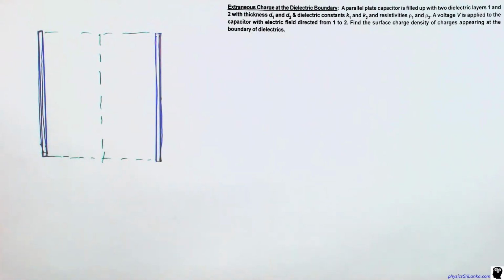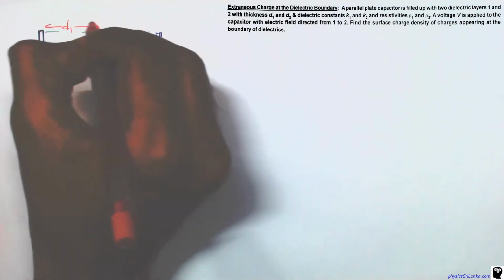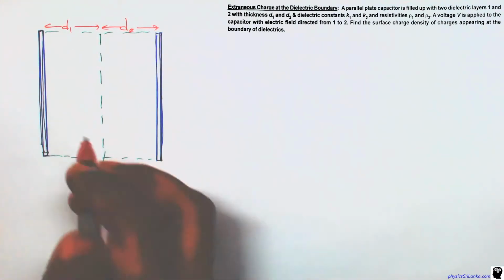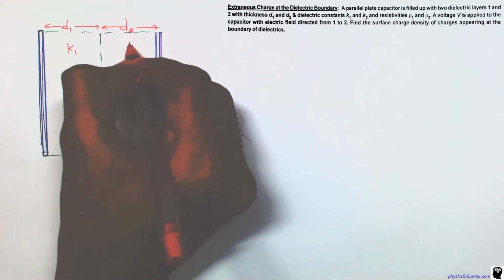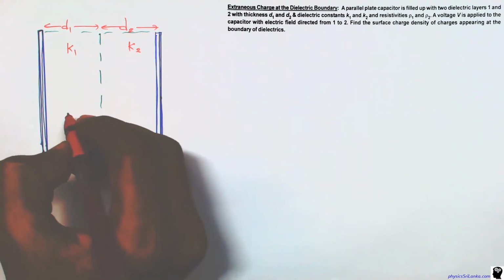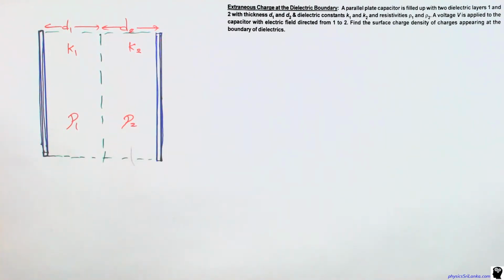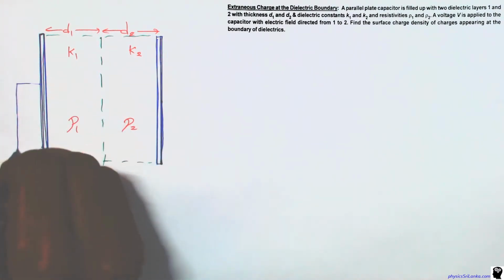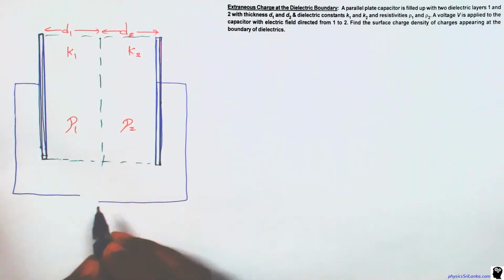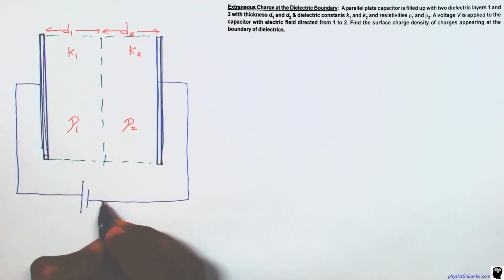They have distances d1 and d2, with the dielectric constants k1 and k2, and the resistivities ρ1 and ρ2. This will connect to a battery of EMF V, electromotive force V.